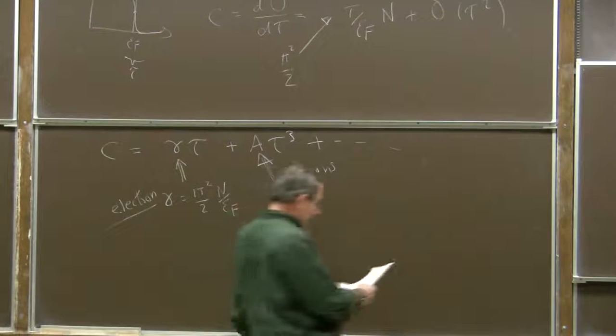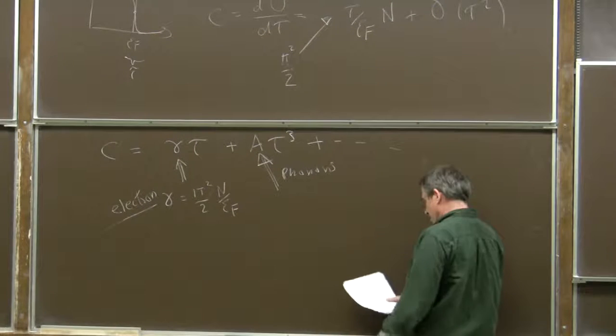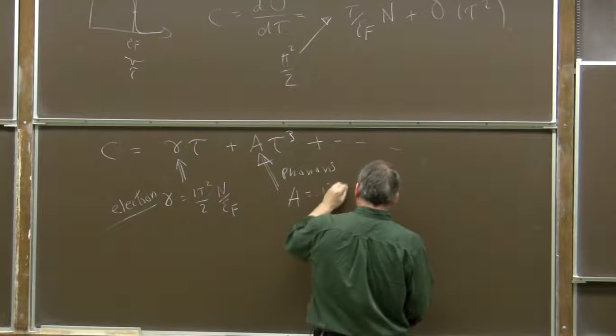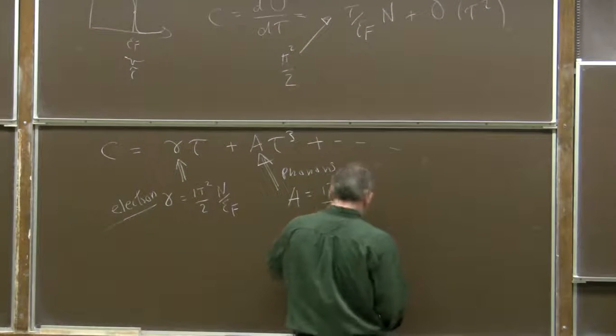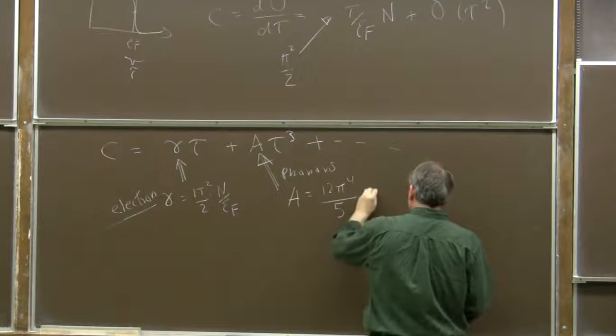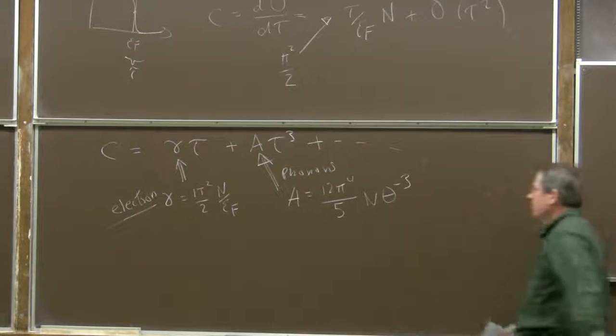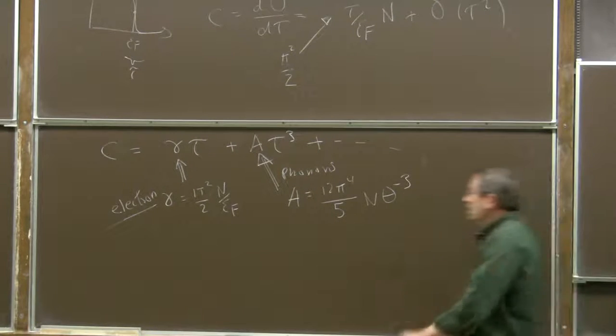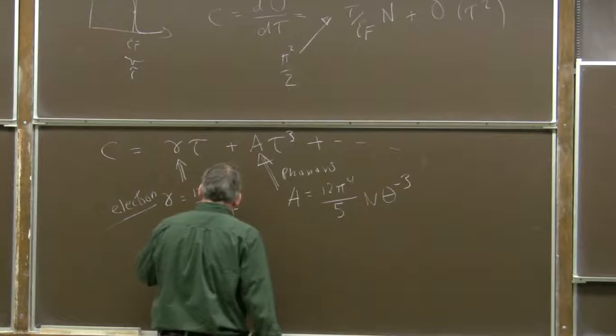And the Debye theory contribution, which goes like tau cubed at low temperature, has a coefficient which we saw to be 12 pi to the 4 over 5, and Debye temperature to the minus cube. Now remember, the Fermi energy in a typical solid is of the order of electron volts.